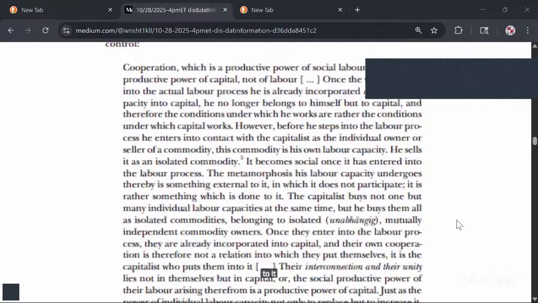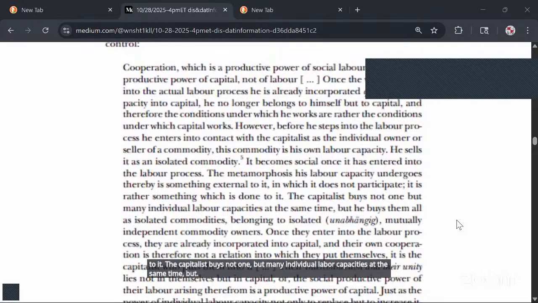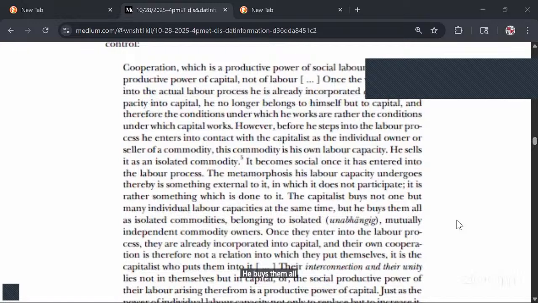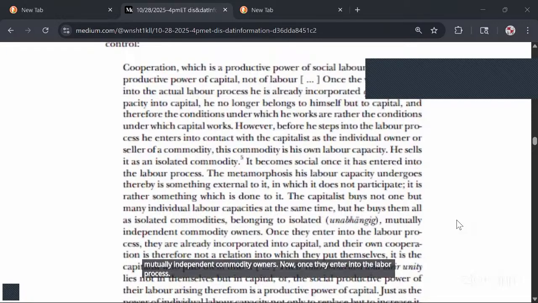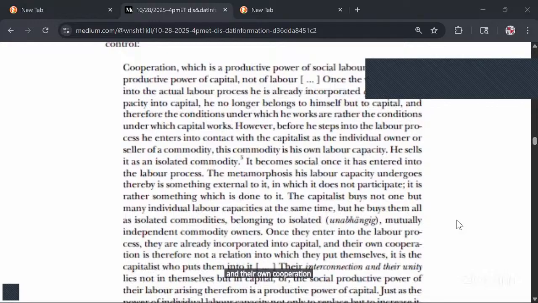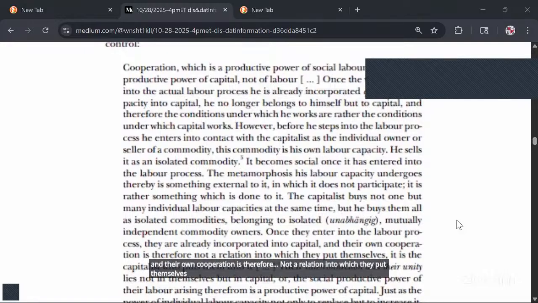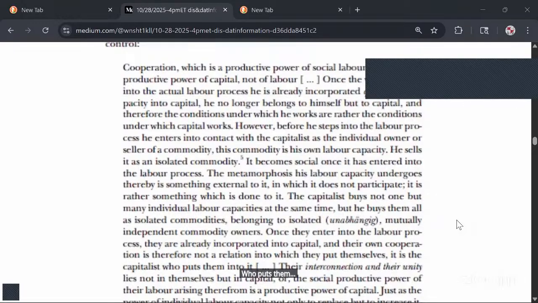The capitalist buys not one, but many individual labor capacities at the same time, but he buys them all as isolated commodities belonging to isolated, mutually independent commodity owners. Now, once they enter into the labor process, they are already incorporated into capital, and their own cooperation is therefore not a relation into which they put themselves. It is the capitalist who puts them into it.